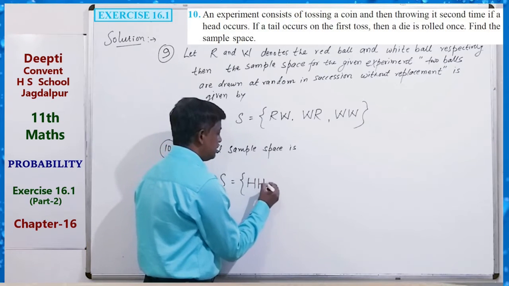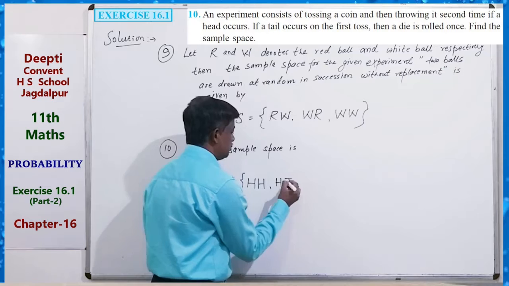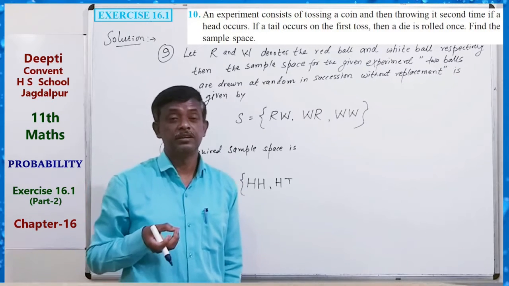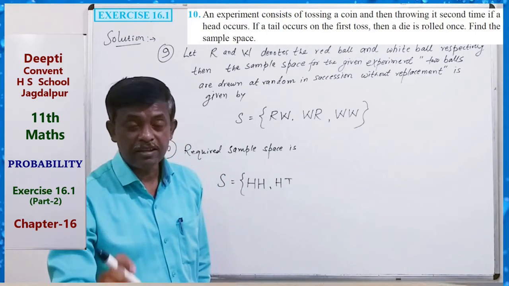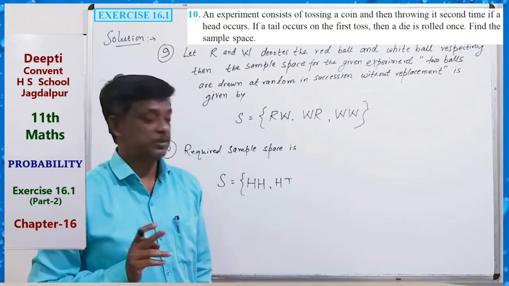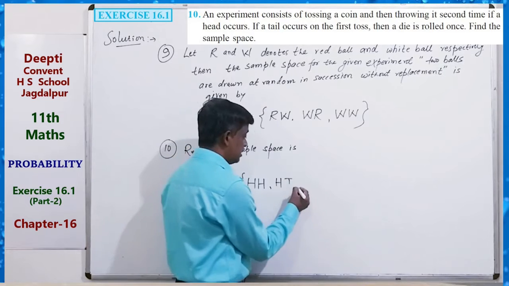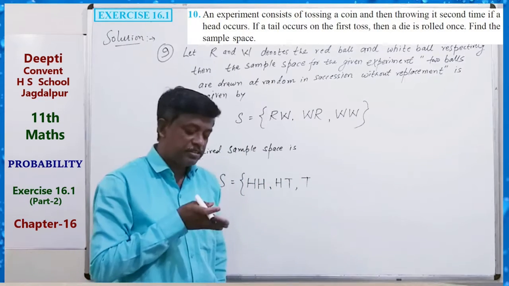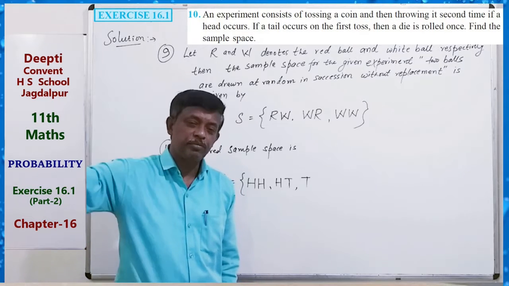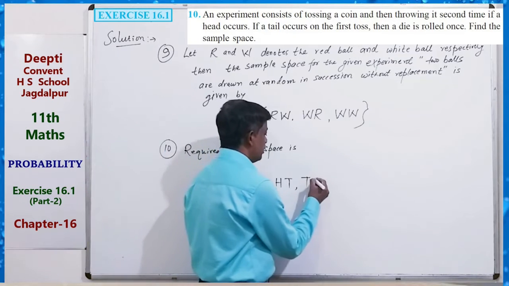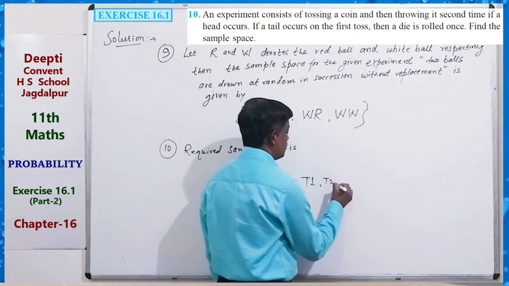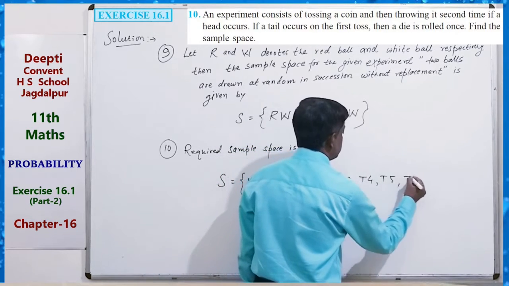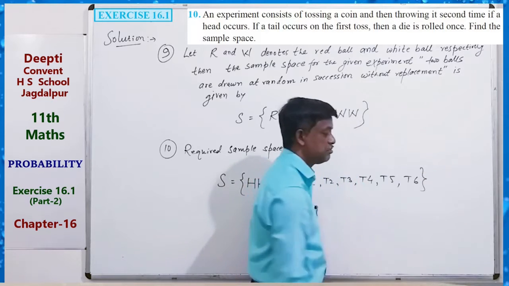And if tail, then we roll a die once. So if we get tail, then with tail there may be 1, 2, 3, 4, 5, 6. So T1, T2, T3, T4, T5, T6 are the possible outcomes.